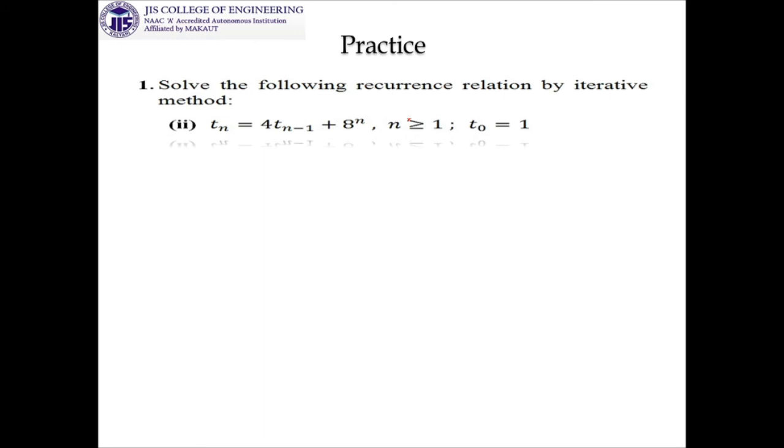So it is Tn is equal to 4 into Tn minus 1 plus 8 to the power n. I have a request here: make a pause, take the problem, solve it, then resume the play and check whether you are in line with our discussion or not.